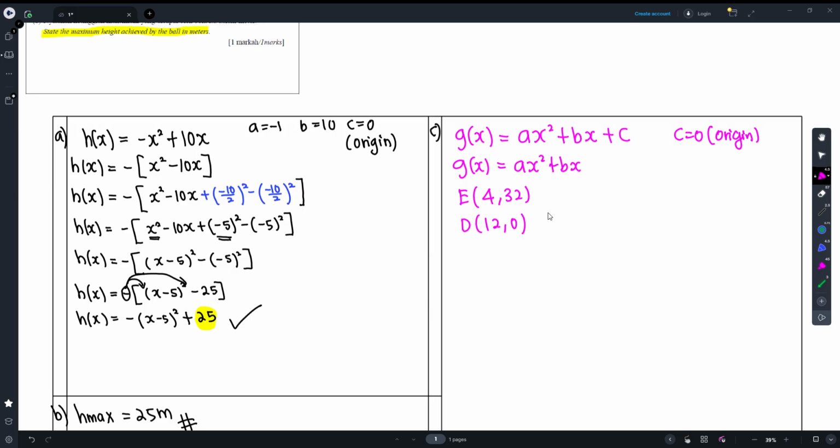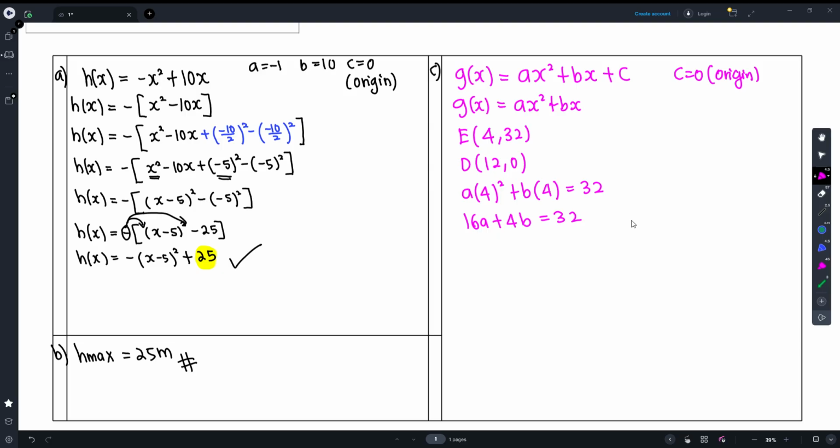So I'm going to substitute into the equation and I'm going to make two sets of equation. First one, I'm going to substitute 4 and 32. So what happens? a times 4 square plus b multiplied by 4 is equivalent to 32. So it becomes 16a plus 4b equals 32. That will be my first equation.